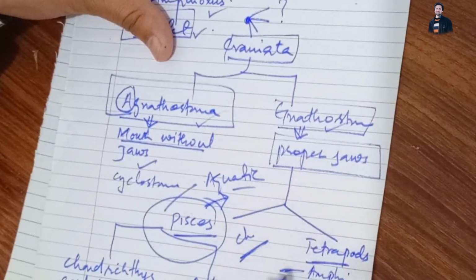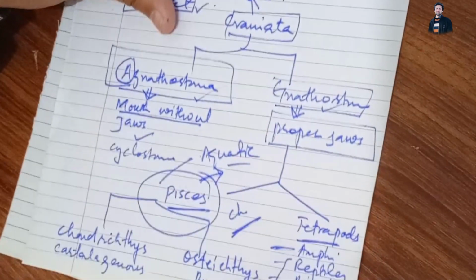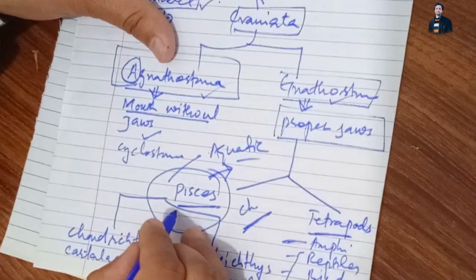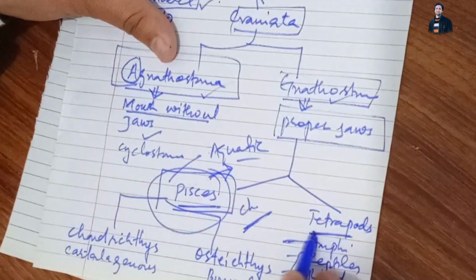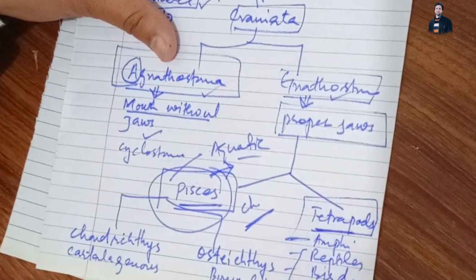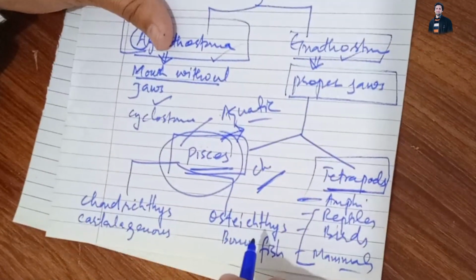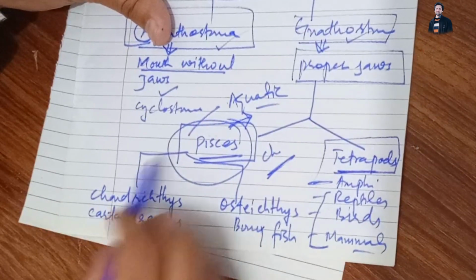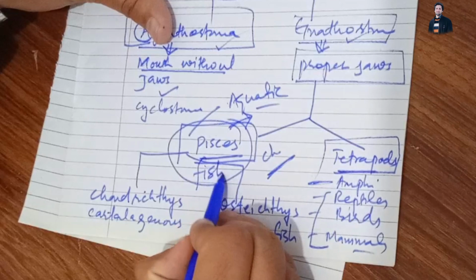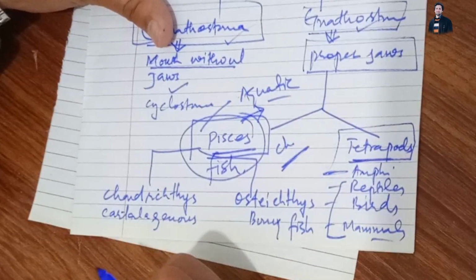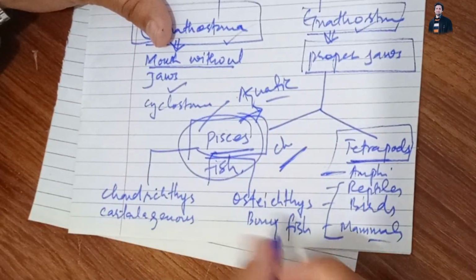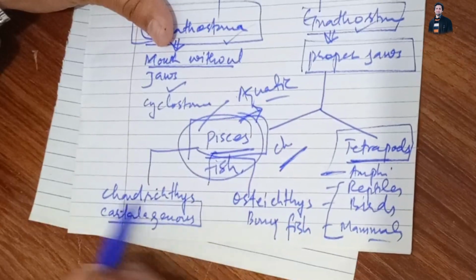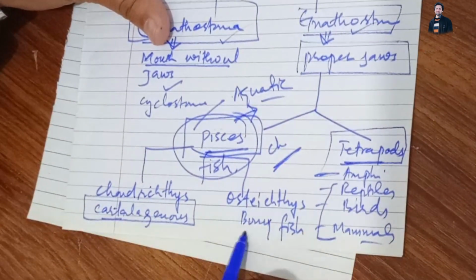And again, gnathostomes are further divided into two classes. One is Pisces and the other is tetrapoda. In Pisces, they are basically fish. We have chondrichthyes and osteichthyes. These are the cartilaginous fish and these are the bony fish.